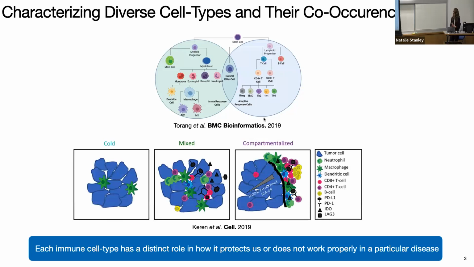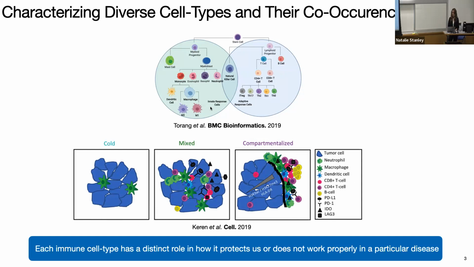And nowadays, these technologies have even gotten so advanced that we can think not only of phenotyping cells or characterizing them, basically identifying them, saying what they are and describing them, but we can actually do things with imaging, for example, and make statements about how cells are organized with respect to each other and to other cells, such as tumor cells.